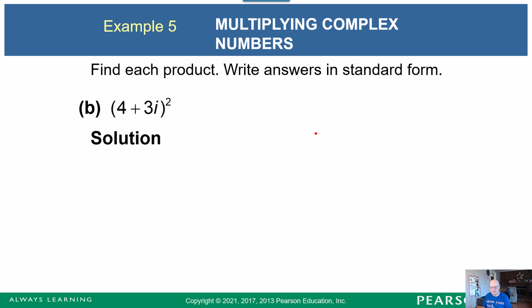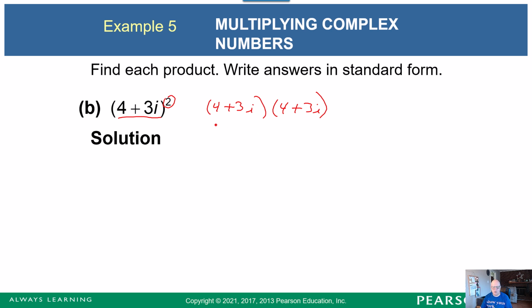Now, how about this? Okay, does that throw you for a loop? Well, it shouldn't, because remember, this just means you're going to use this twice. So if you need to, just write it out twice. Multiply it out.